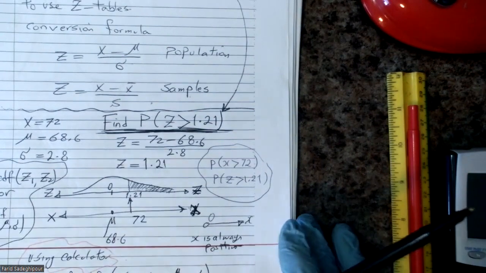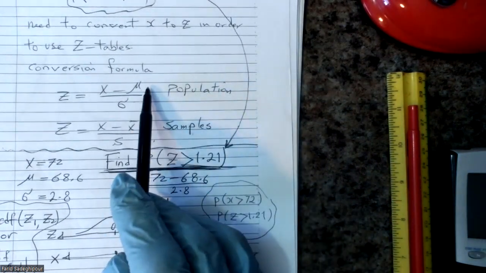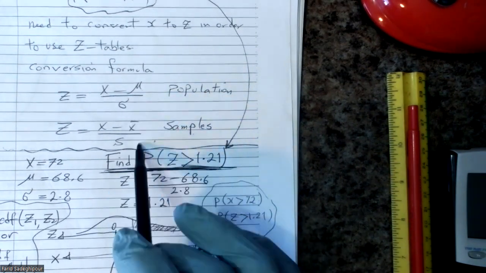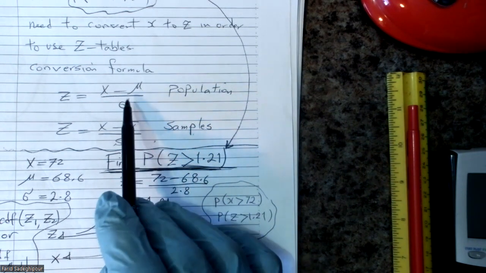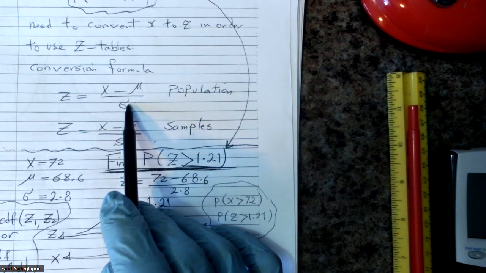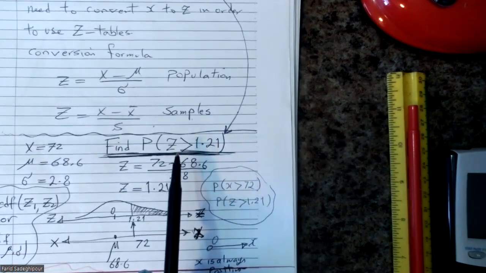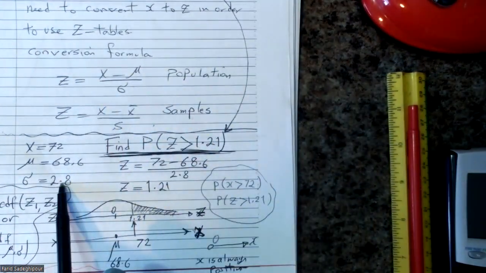For that calculation, I have it here. The formula, whether you have a population or a sample, is almost the same. This symbol means mean of population, this symbol means mean of sample. So let's say I want to calculate the probability of x greater than 72. I have to do the conversion here.